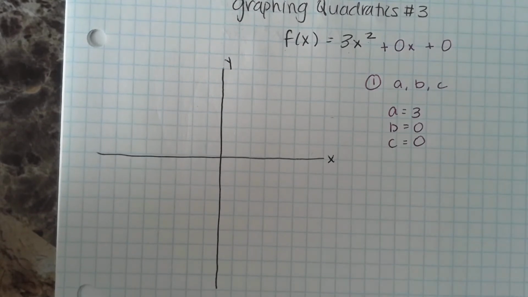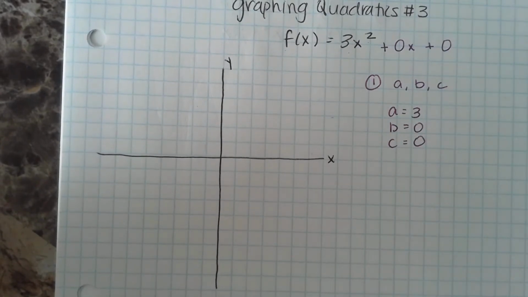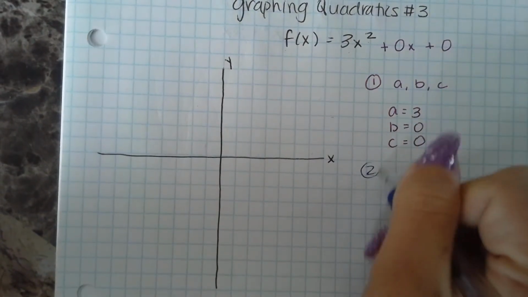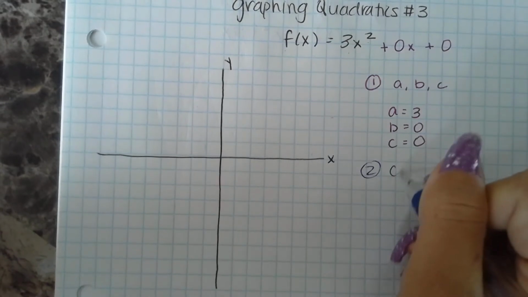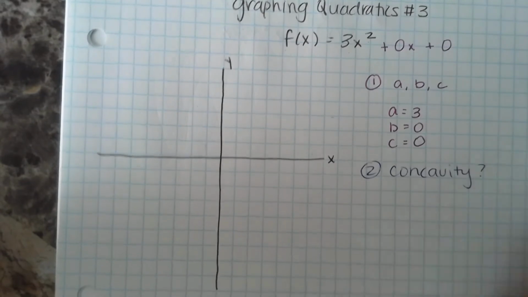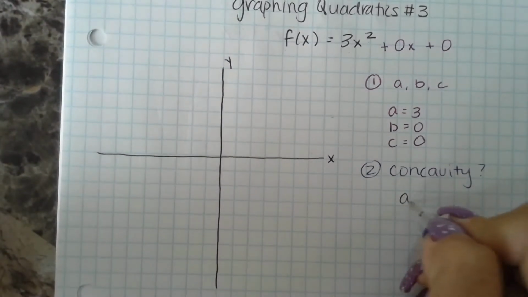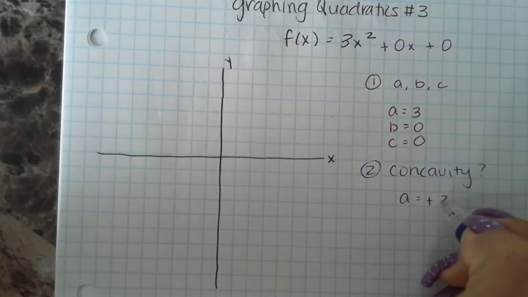Now, our second step, we need to determine if it is concave up or down. So when we are looking at our concavity, we always look at our a, and it is a positive 3.